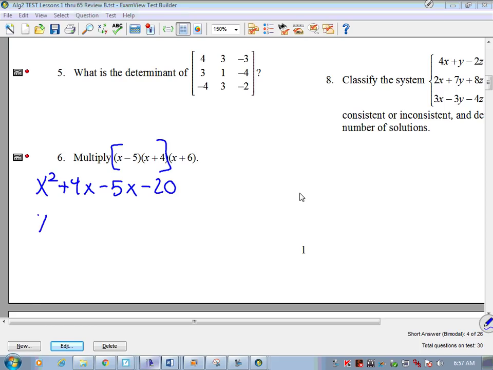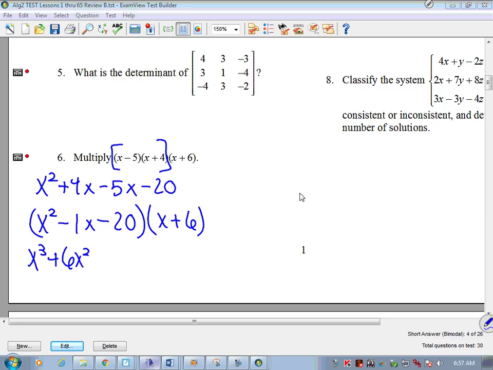Let's go ahead and take this. We got x squared minus 1x minus 20. And we're going to multiply that by x plus 6. So we're going to distribute to every single term. So x squared times x is x cubed. X squared times 6 is positive 6x squared.